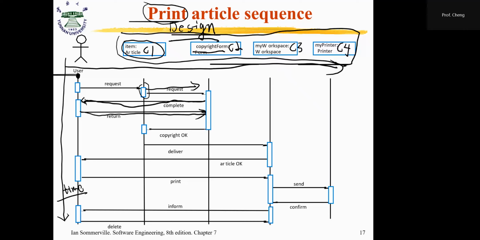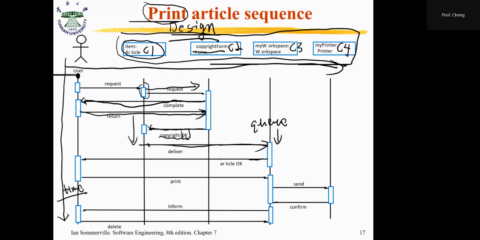Then the copyright form will interact with the article, then send copyright okay. Then the article will be sent to the workplace, because not only one article you will print. Maybe you have 1, 2, 3, 4 or more articles you want to print. So you have a queue here.